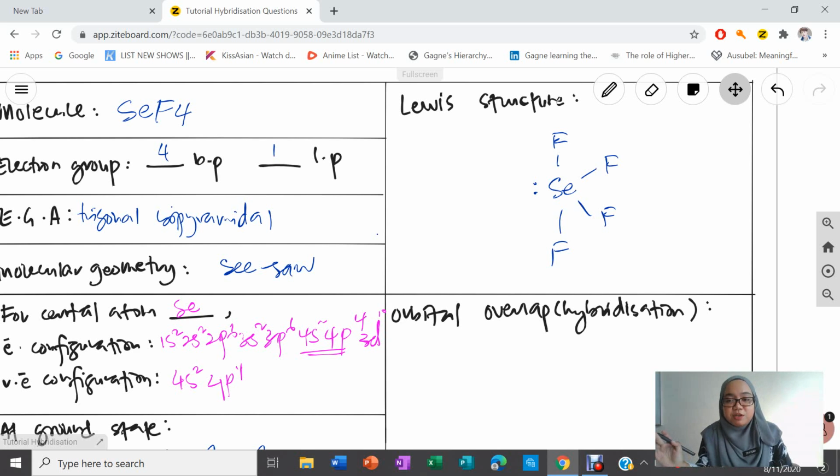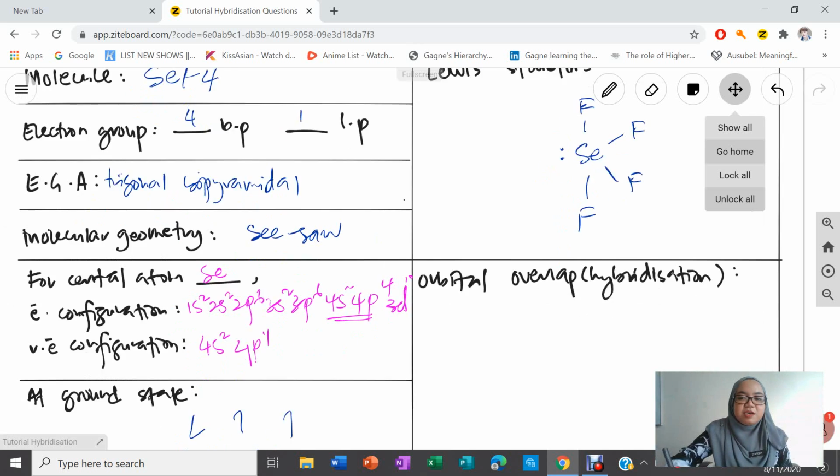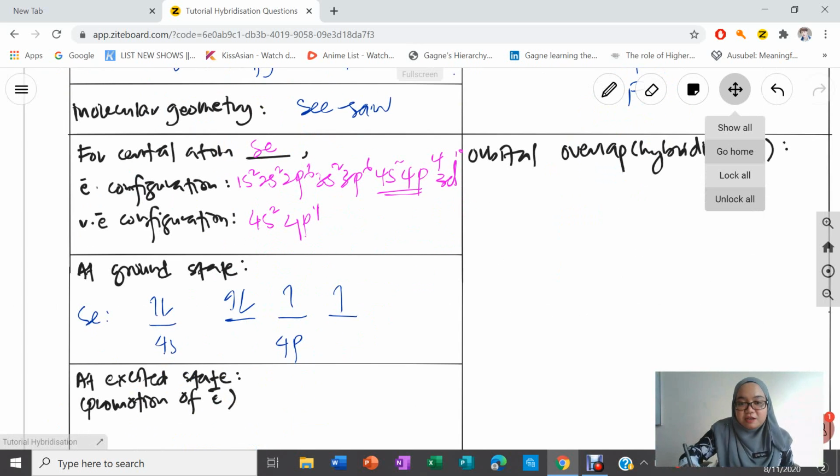There are 4 sigma bonds. So you need to have 4 unpaired electrons to form a covalent sigma bond. So how? We need to expand it to the 4d one, because we want to promote one electron from 4p to the 4d orbital.